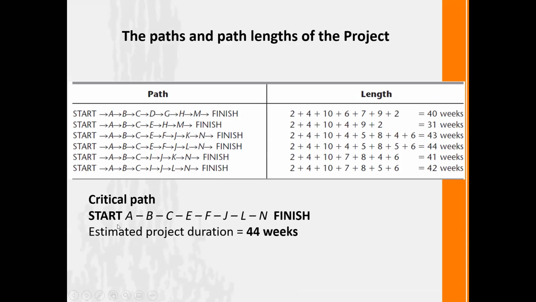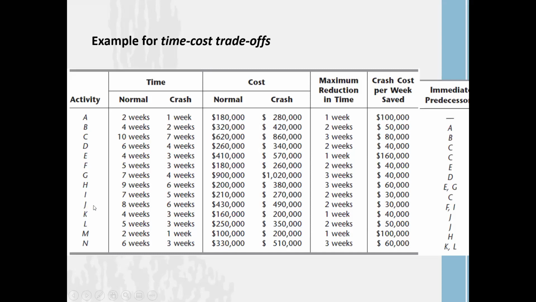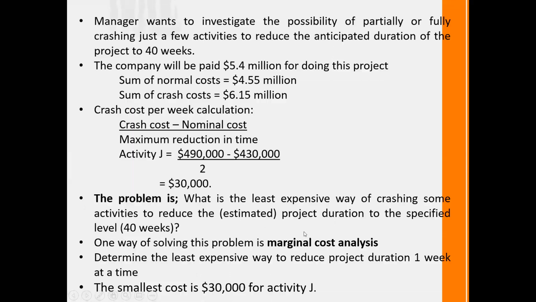Therefore, we identified our critical path as A, B, C, E, F, G, L, N. Here we know that I and J have the lowest crash cost per week. Based on our requirement, the project needs to be completed within 40 weeks. Originally it takes 44 weeks, but we need to complete within 40 weeks.